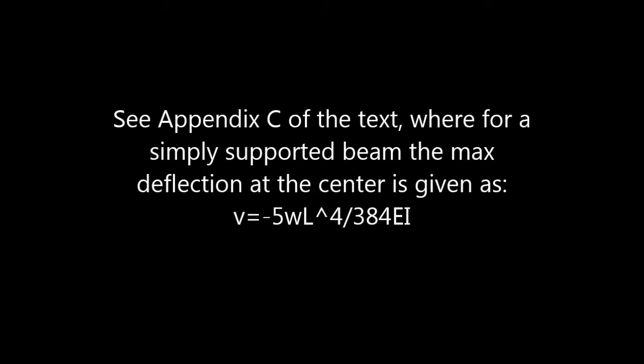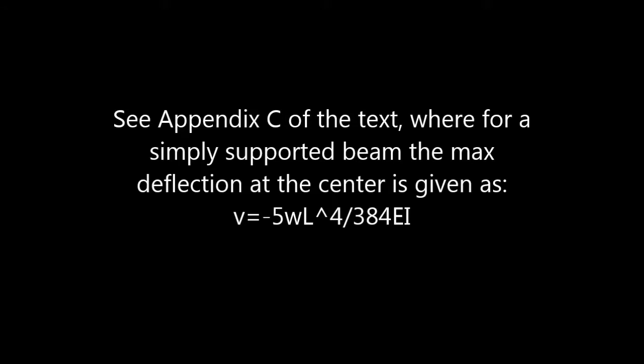We said we had 3,000 there and 3,000 there, 12-foot span, and we calculated 480, but we added the weight of the beam in there, so we said this was 500 pounds per foot.